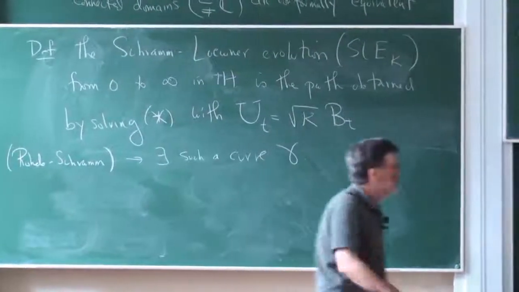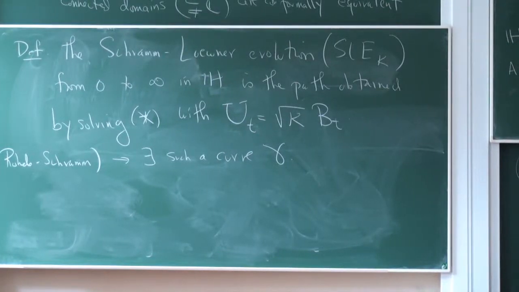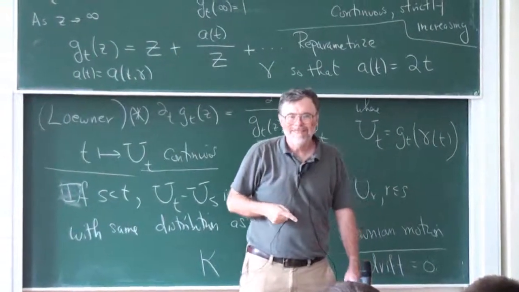If you've seen pictures of one-dimensional Brownian motion, and if I change the variance, I do this, or this, it still looks the same.